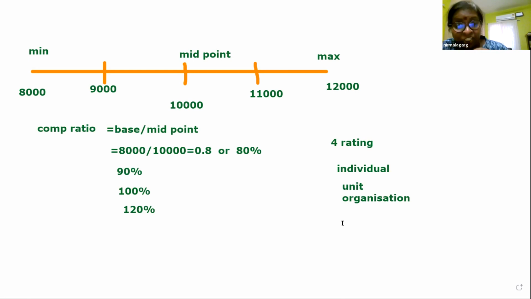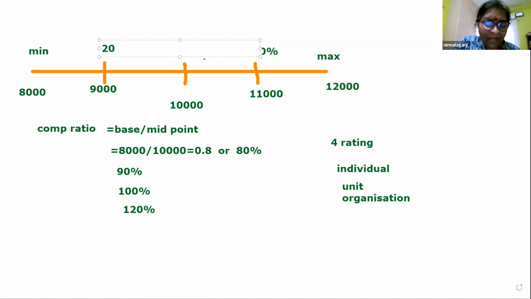That means 60 should be before the midpoint, 40 should be after the midpoint. But say for example, across the organization, 80% of people are here, and only 20% is here.